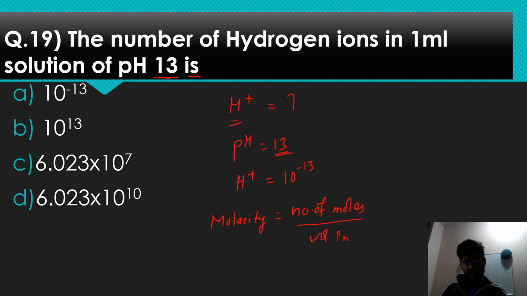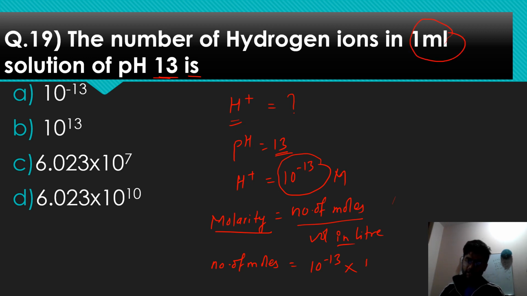So first of all you have to calculate the number of moles. Number of moles equals molarity, that is the concentration of H plus, 10 to the power minus 13, into volume in liter. The volume given is 1 ml, so 1 ml divided by 1000.